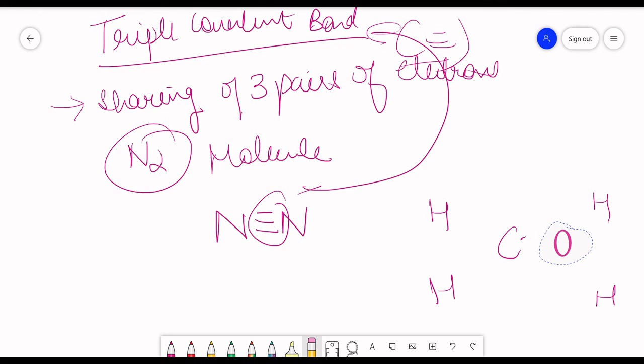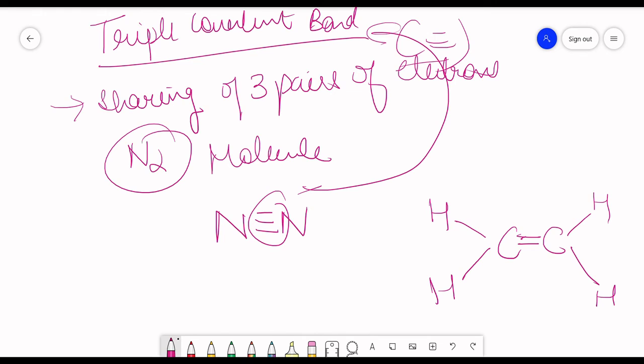Just a minute, students, I'm erasing it. Okay. Now again a carbon with a double covalent bond, and hydrogen, hydrogen, hydrogen, hydrogen. Now see, the ethene molecule has a double covalent bond and four single covalent bonds, right?